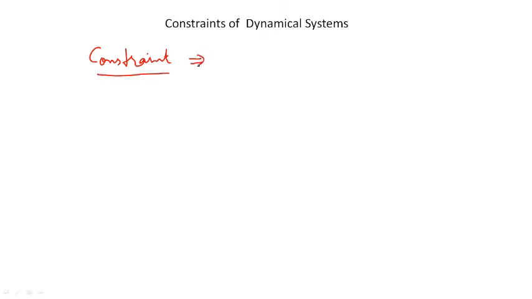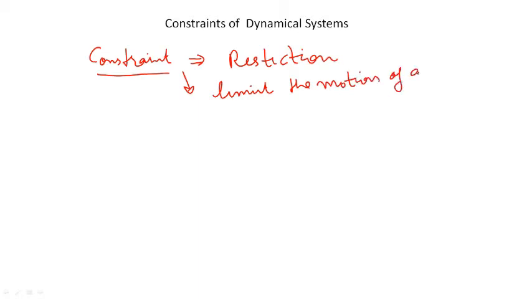You know that a constraint is a restriction, or a constraint limits the motion of a dynamical system. Constraints are applied on dynamical systems. It is always that the degree of freedom is reduced.